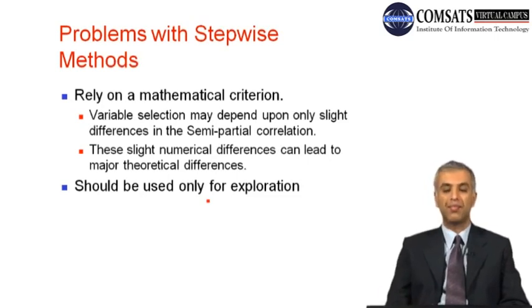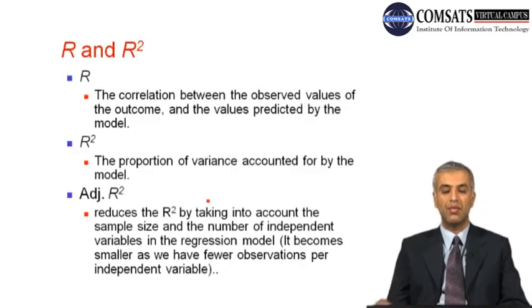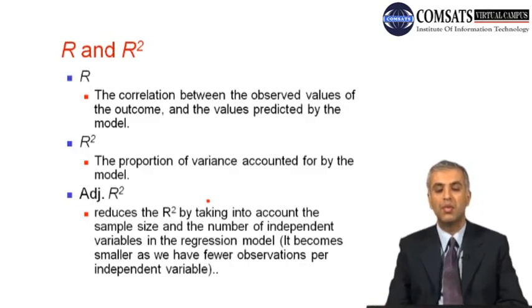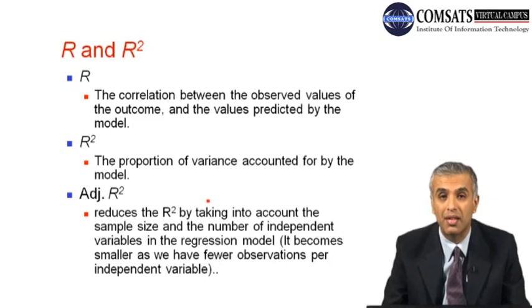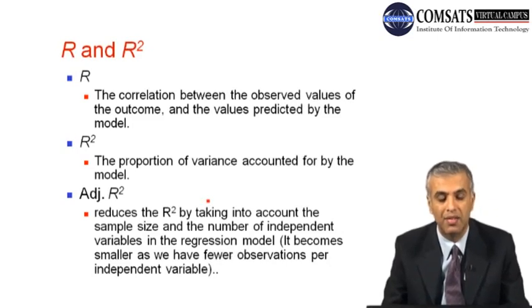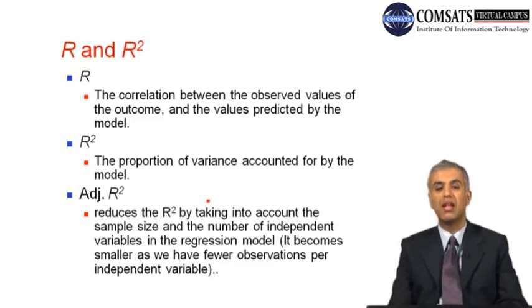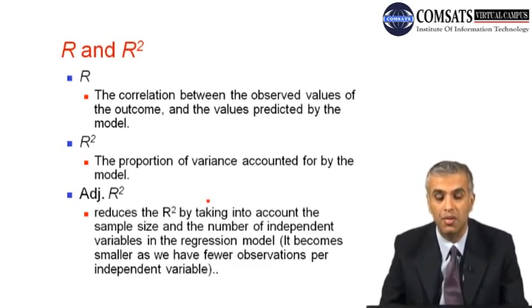Based on that, again we come to some very important interpretations, and in this case we can see what's the difference between R and R square. We have already gone through that a bit, but here in multiple regression the concept is about the same. So R basically is the correlation between the observed values of the outcome and values predicted by the model.